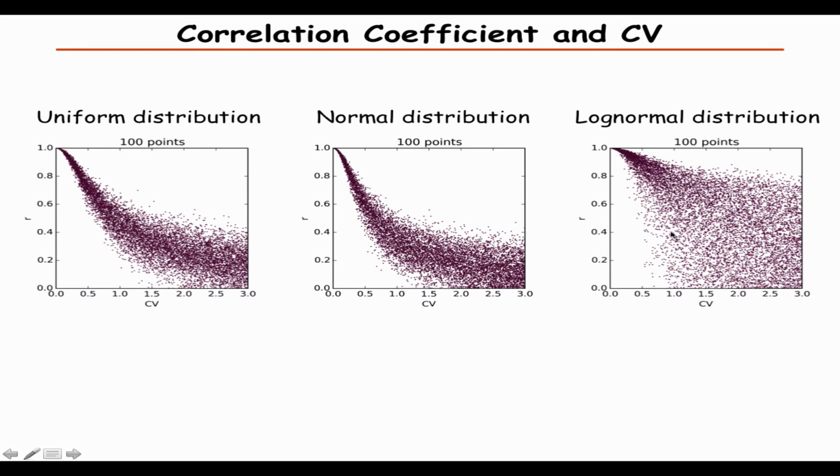But in the case of the log normal distribution with the long tail, we get most of the time larger than 0.6. So one should be very careful about relying on the correlation coefficient as a measure of quality, which is often done.